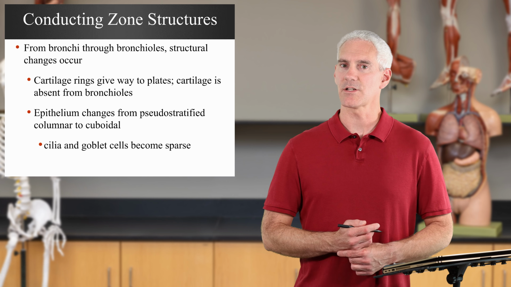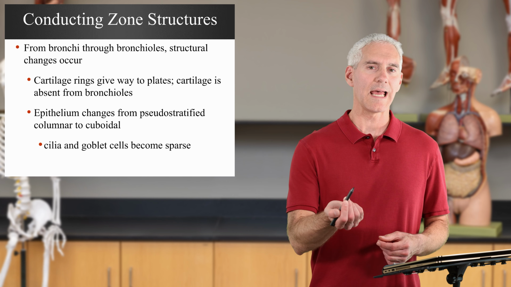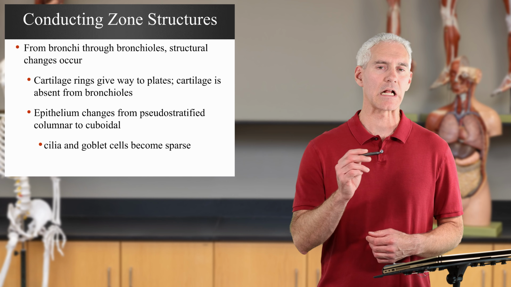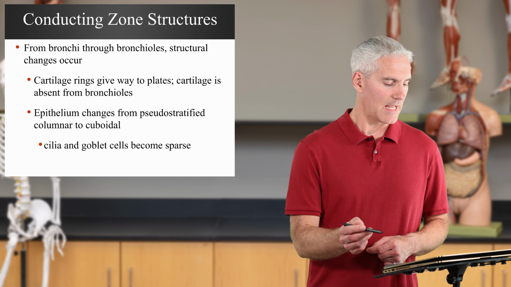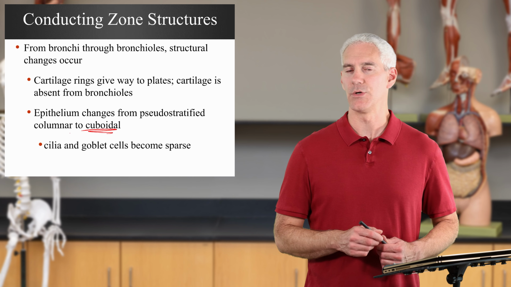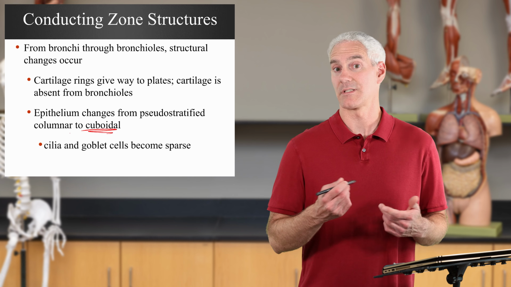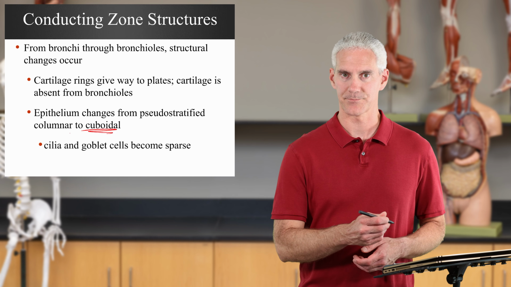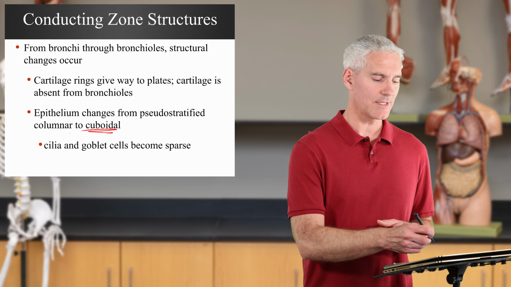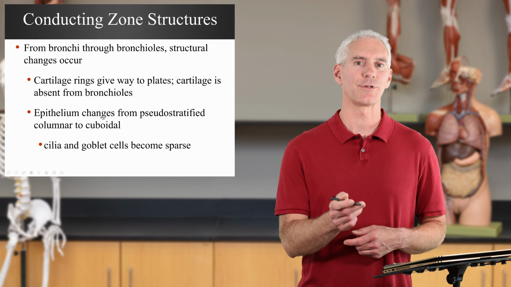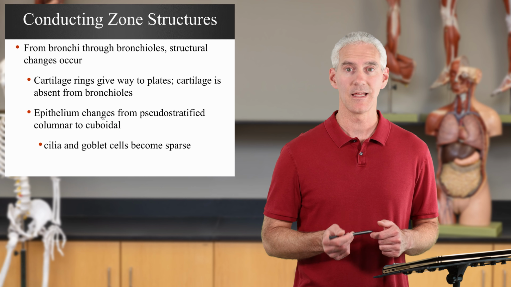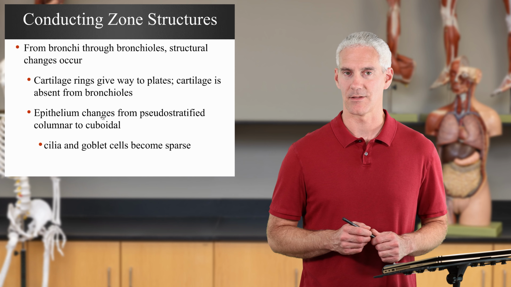The epithelium is also changing. What's happening is that pseudostratified columnar epithelium is changing now to cuboidal, so simple cuboidal epithelium, which results in fewer cilia and fewer goblet cells, almost until there's none.